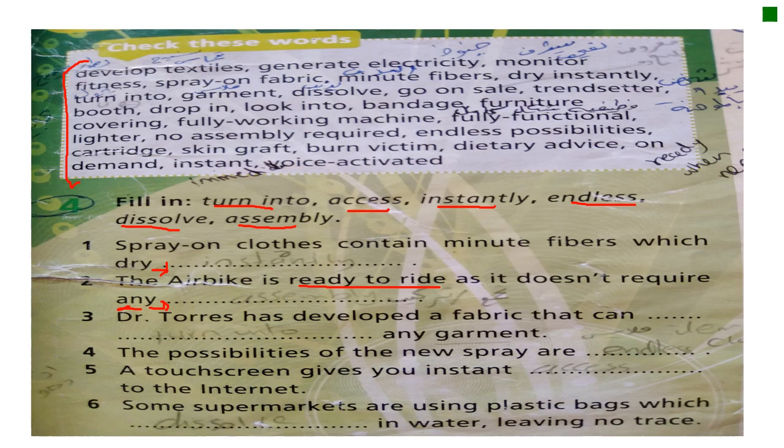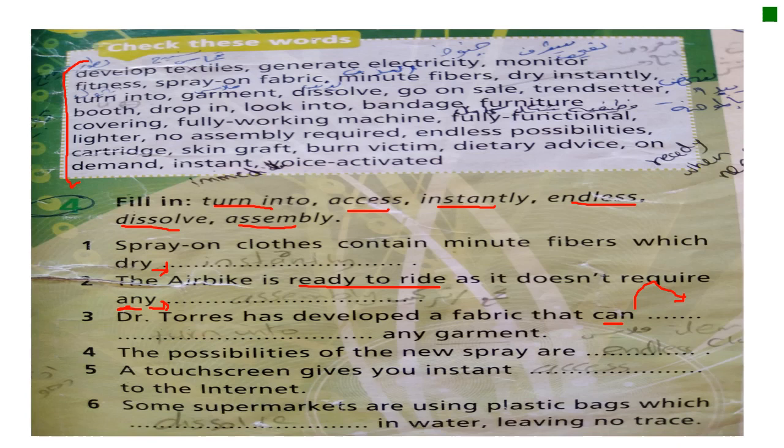3. Dr. Torres has developed a fabric that can any garment. After can, what do you use? We need to use a verb, and the verb must be in the infinitive form. Here we have turn into, and we have dissolve.